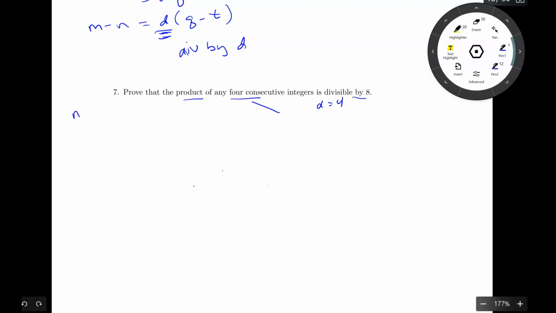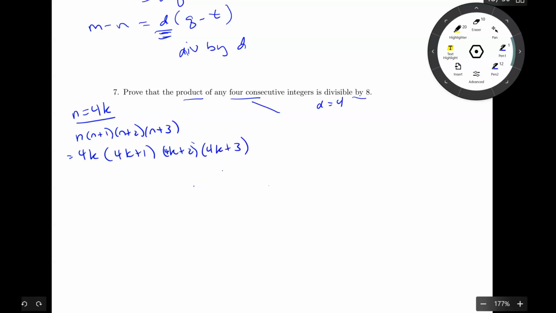Okay, so if d equal 4, my first case will be 4k, right? So if I use 4k, and again, make sure you write this down, because these are my 4 consecutive numbers I'm multiplying together. So 4k, 4k plus 1, 4k plus 2, and then 4k plus 3, right? Okay, so I see I can factor a 2 out of here.